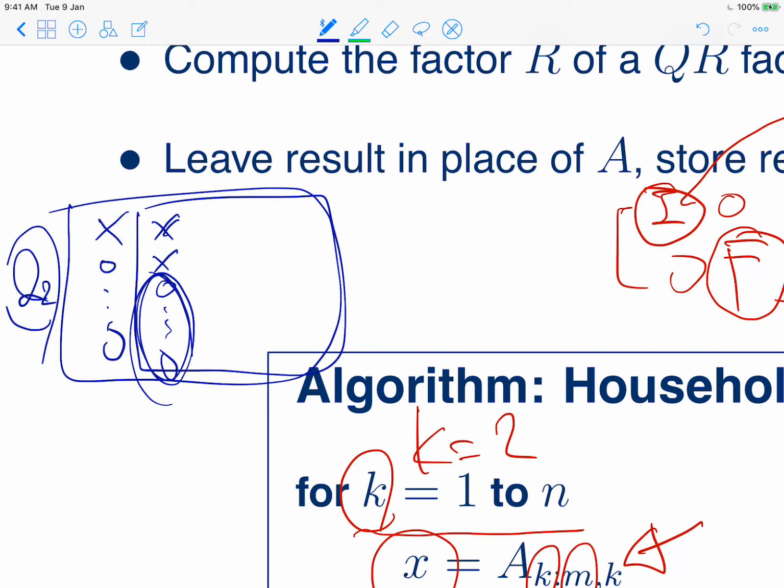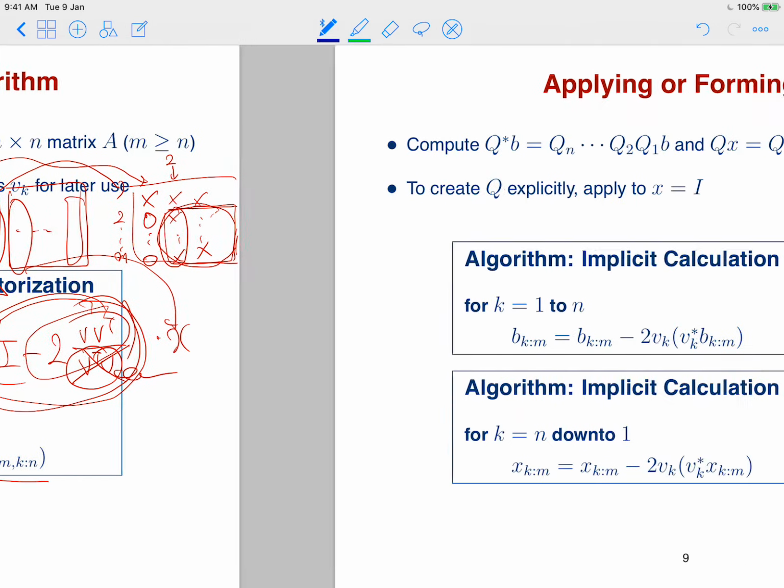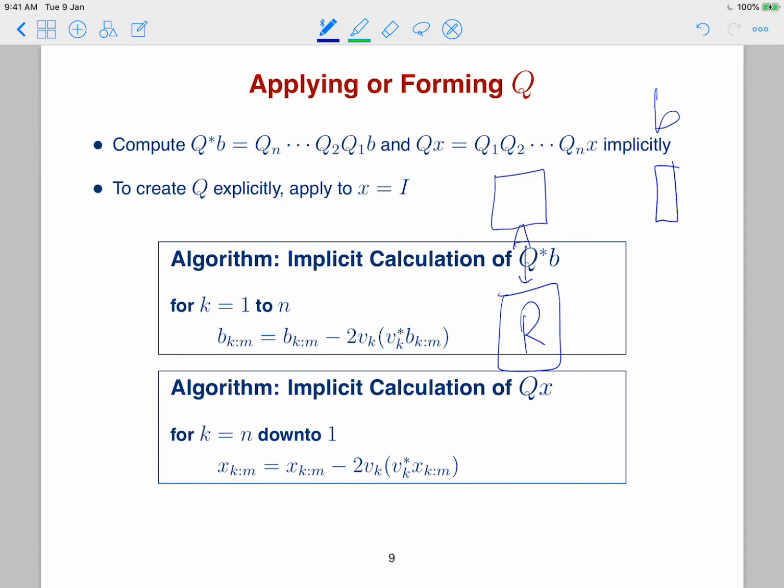Just like how we apply this Q2 into this matrix, the original vector B will just follow by multiplying this Q. So for example, it's A and Q1 and Q2 and maybe Qn. So this is the whole sequence of orthogonal matrices that we apply, right?